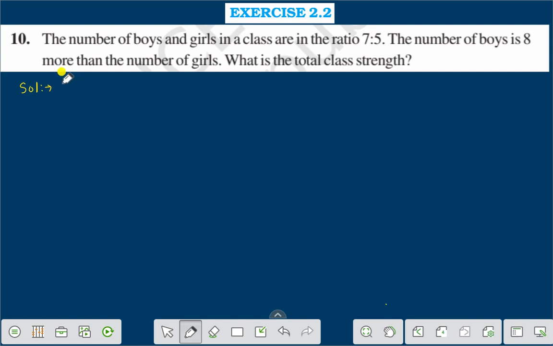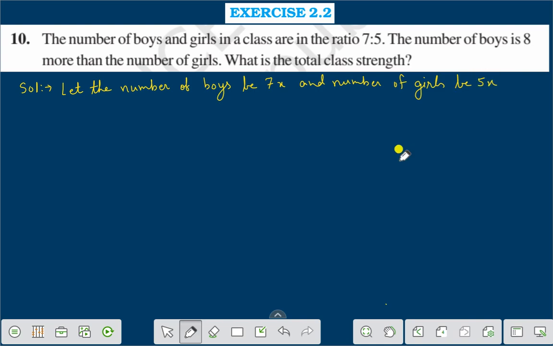Let the number of boys be 7x and the number of girls be 5x.